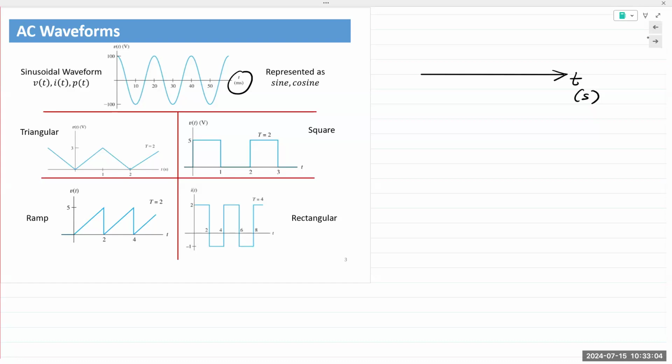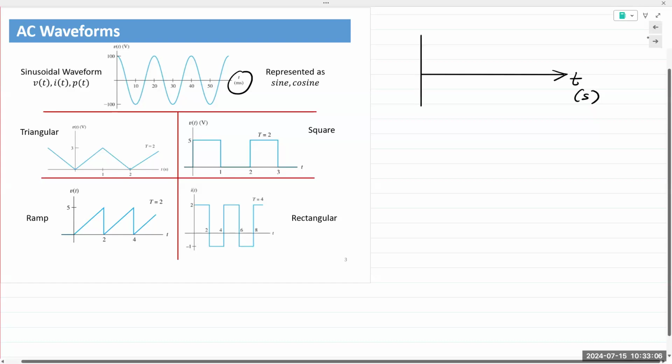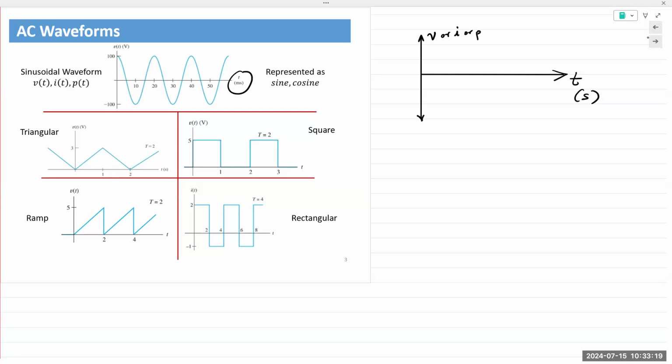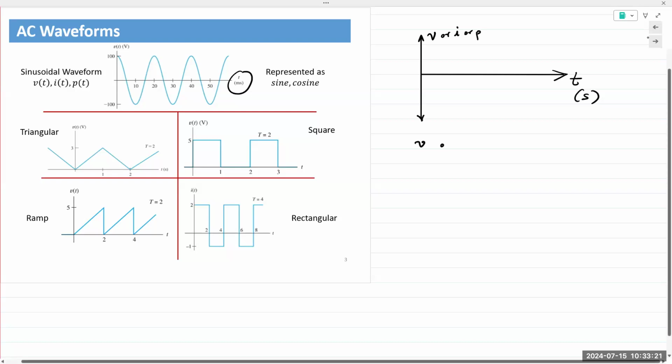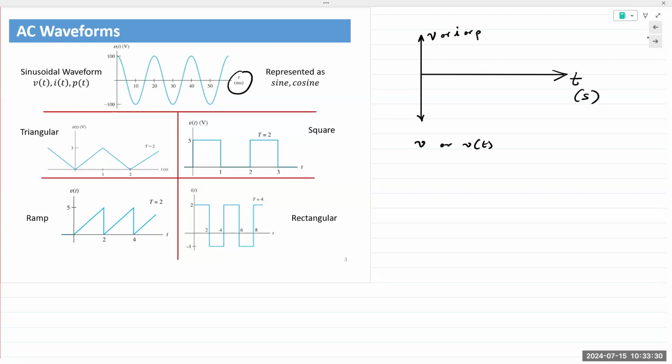The y-axis could be either voltage or current or power. Okay, V or I or even power P as a function of time. Similar to chapter 3, we can write it simply as V or V of T. The of T is sometimes just understood or implied.